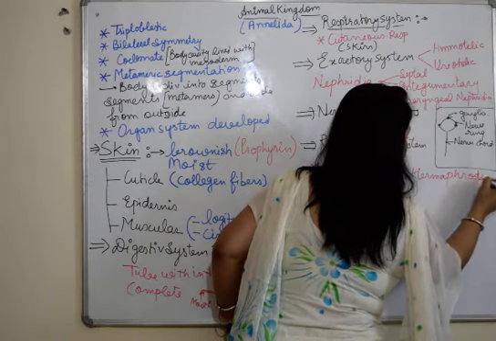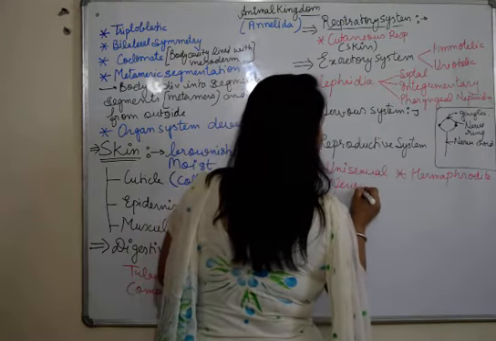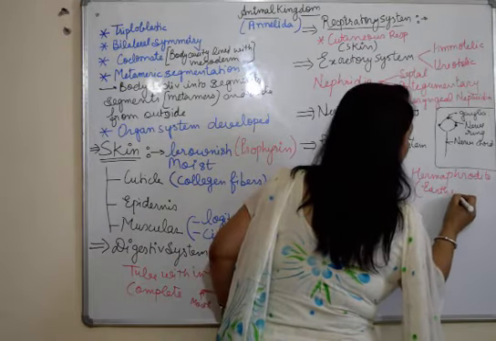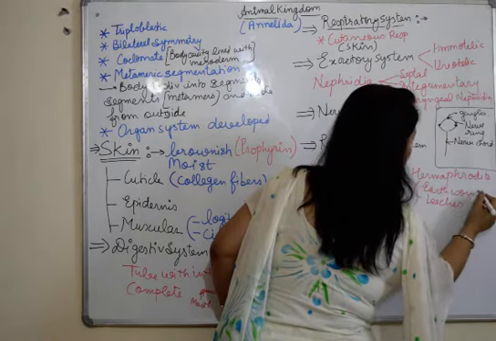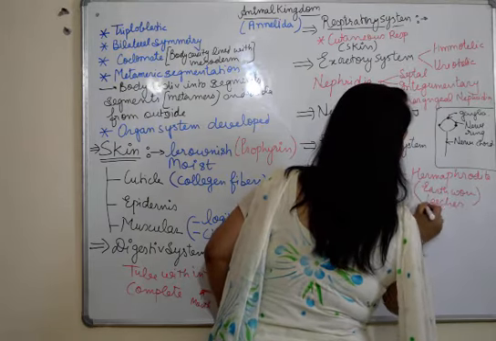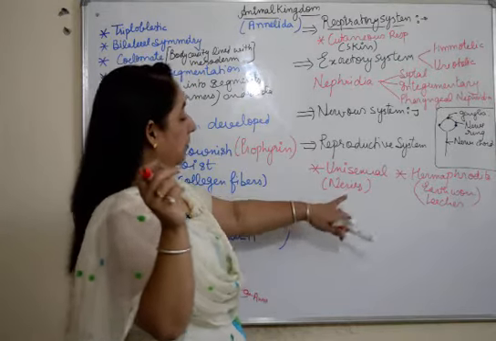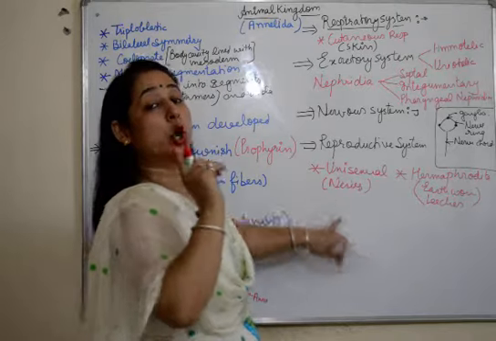So some can be unisexual, for example Nereis, and some can be hermaphrodite, for example earthworm and leeches. Earthworm and leeches are hermaphrodite, but they prefer cross fertilization.